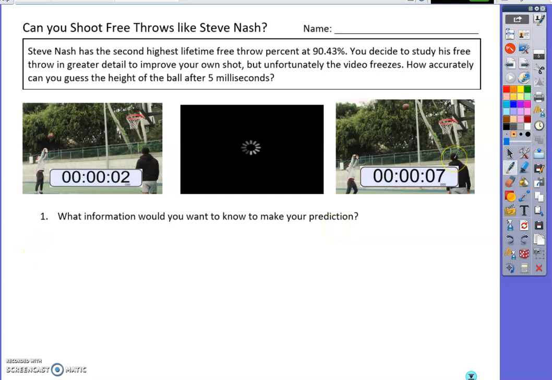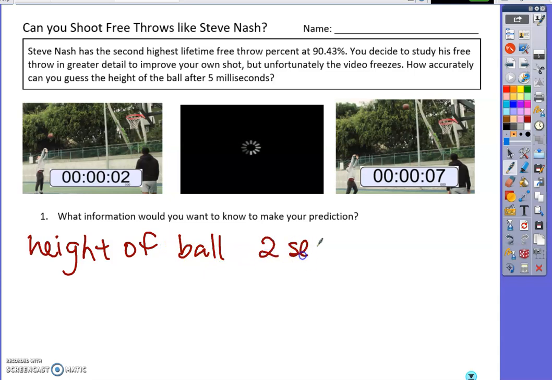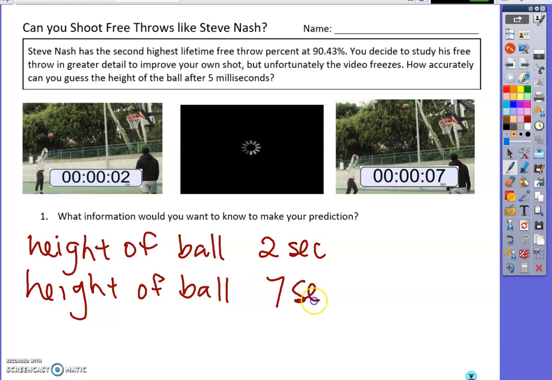We need to know the height of the ball at 2 seconds, the last thing we see, and the height of the ball at 7 seconds, because we know what time it was, but we don't know those heights. We'd have to measure those somehow. That's what we need. What we'd be doing with this situation is an average rate of change to figure things out.